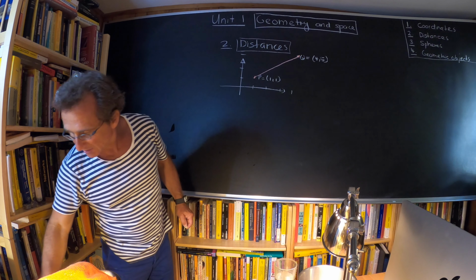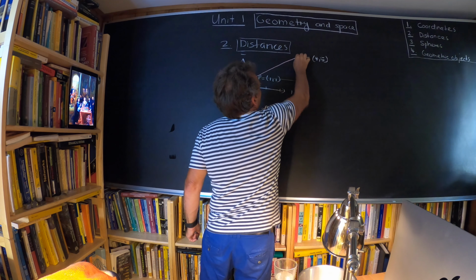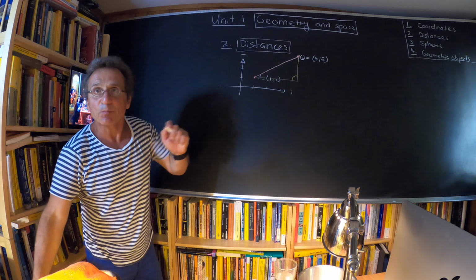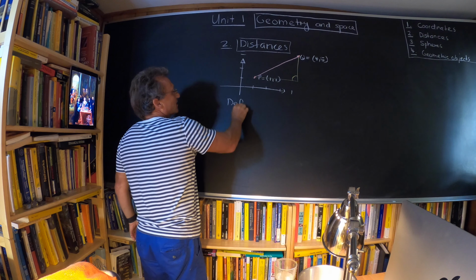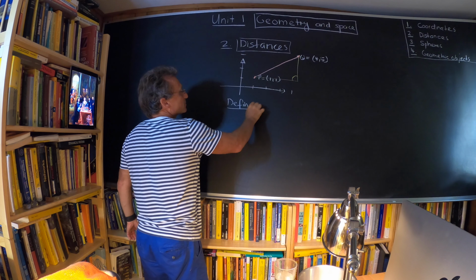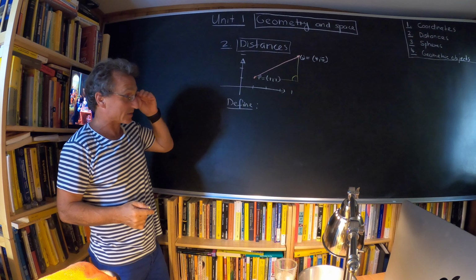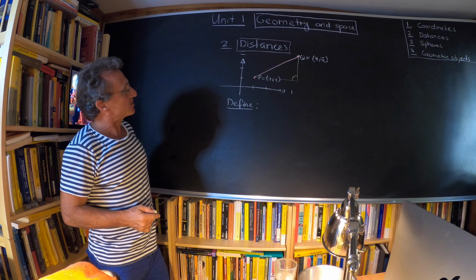You might know already the Pythagorean theorem, which tells you how to compute the distance by the sum of the squares. But it's important that we define the distance. There are different ways to define distances, but we define the distance using this motivation of Pythagoras. Pythagoras will be proven in the next unit.